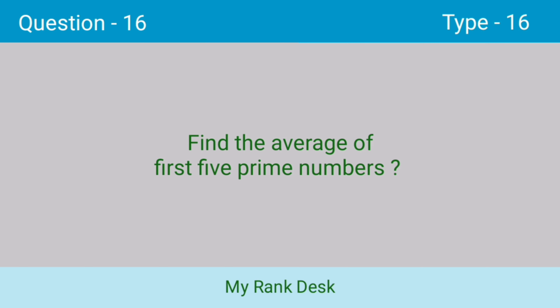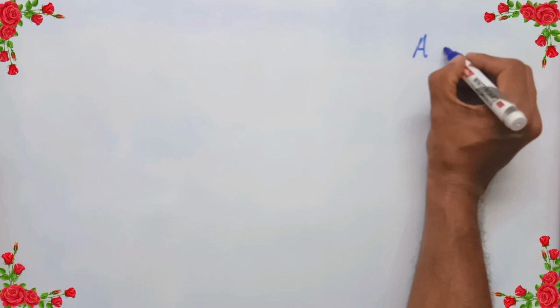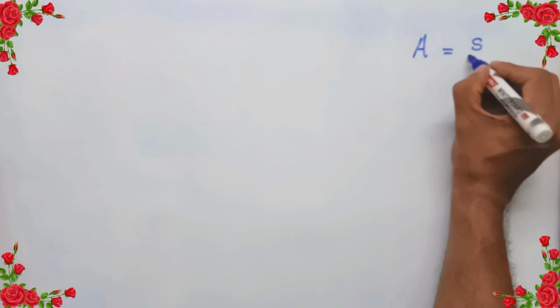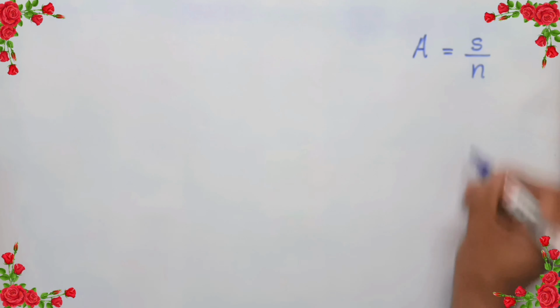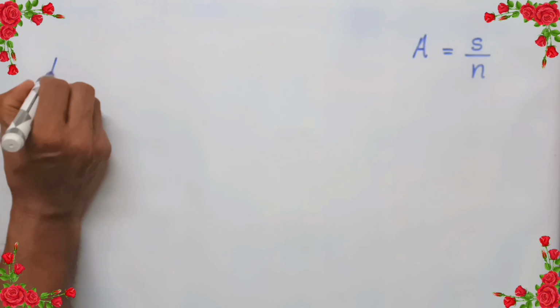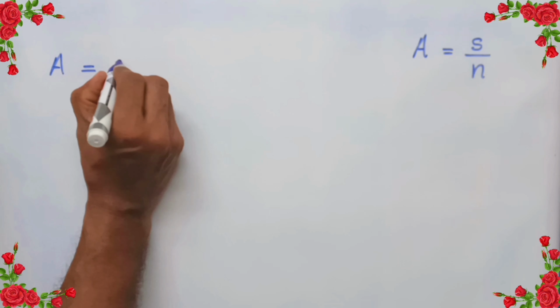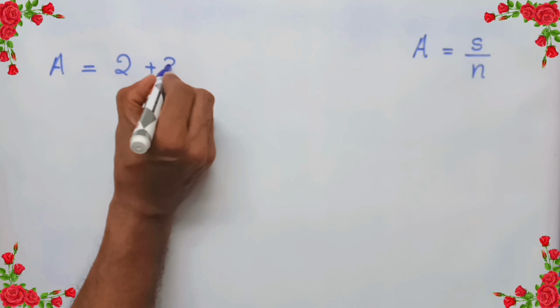Then divide the sum by the number of terms. Then the quotient we get must be average of the first 5 prime numbers. Let's find the answer. We know that average equal to sum of the terms by the number of terms. That is 2 plus 3 plus 5 plus 7 plus 11, the whole divided by 5.